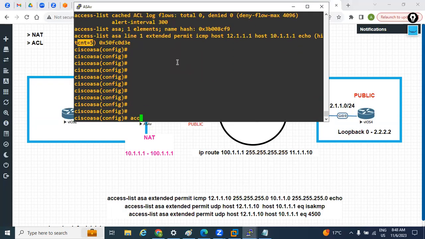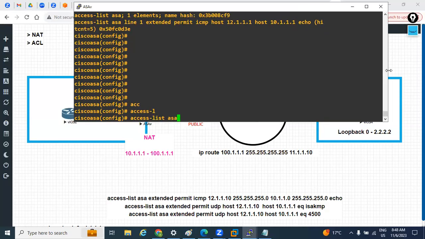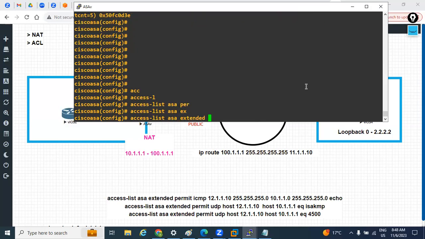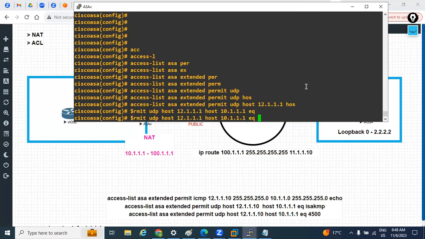So same here now, access list ASA extended permit UDP. The host is 12.1.1.1, destination would be 10.1.1.1, and which is equal to ISAKMP.